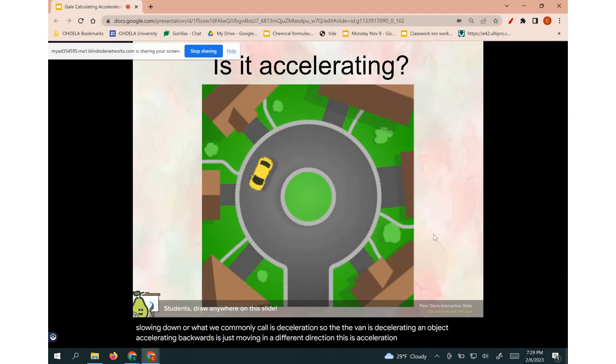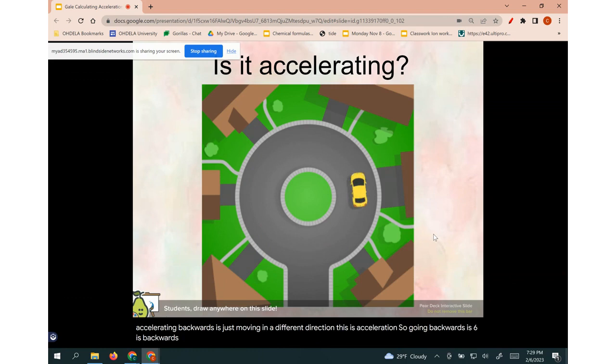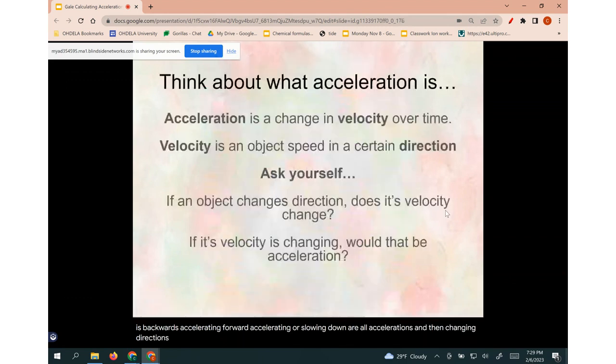This is acceleration. So going backwards, forward accelerating, or slowing down are all accelerations, and then changing directions is acceleration.